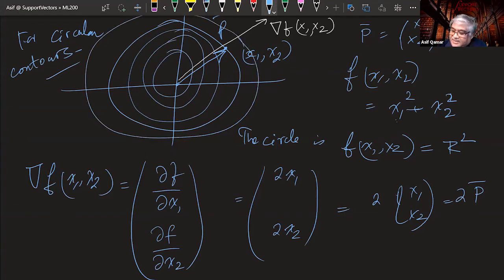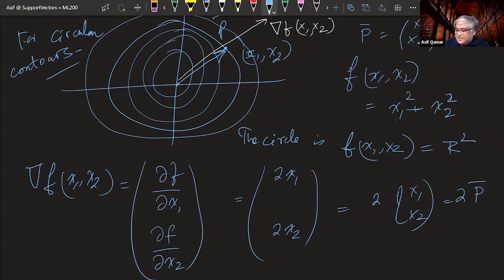Along the circles, the function has to be constant. Those are constant value curves for the function. What is the direction of the gradient relative to those circles? Is it parallel, inclined, or perpendicular? Perpendicular, isn't it?